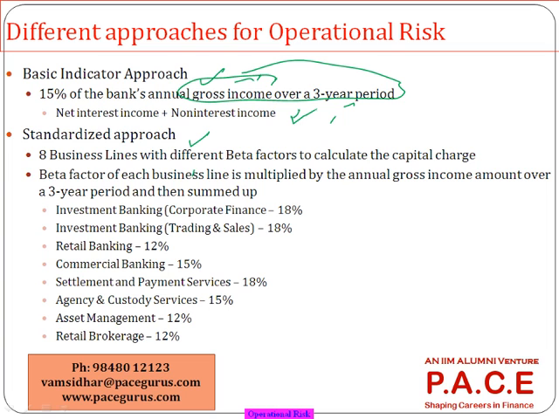So directly from the P&L statements of the bank, you can extract the net interest income as well as the non-interest income, take the total for a 3-year period, and take 15% on top of that. Straightforward. That's decided by Basel, saying 15% of that gross income is your operational risk.